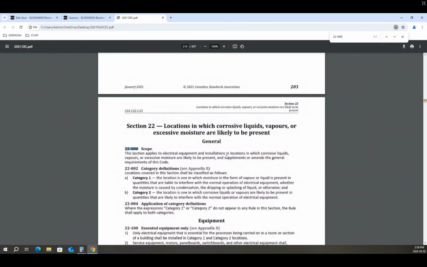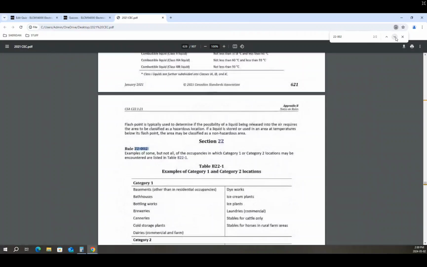So it does say Appendix B, so I'm going to go to that.